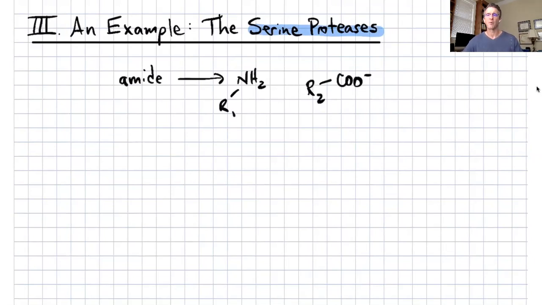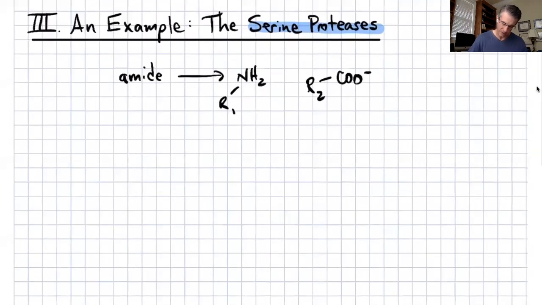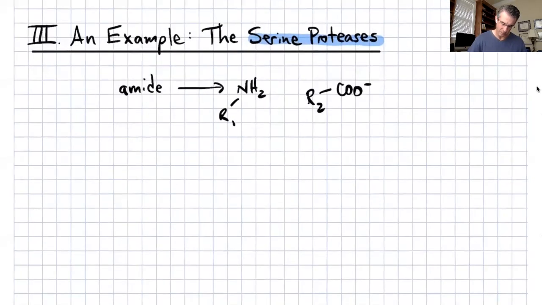And they can do this really, really well. If you remember, I told you before that the spontaneous rate of hydrolysis of most amide bonds under a neutral pH can be measured on the year to a millennial time frame. Proteases, like the serine proteases, can take that hydrolysis reaction. I should definitely mention that if you don't recall, this is going to take an input of water. So fundamentally, this is a hydrolysis reaction.